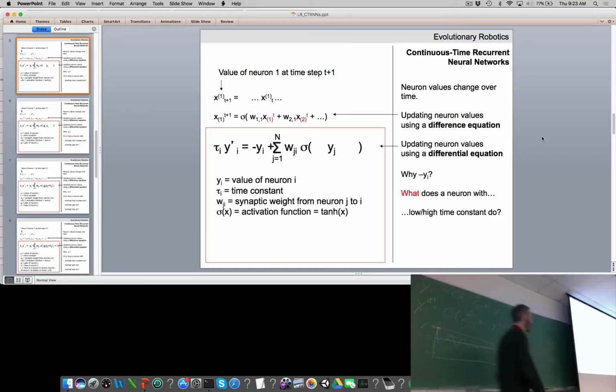So you can see here we're updating y sub i, and it's being influenced by the output values of each of the jth neurons. Make sense?